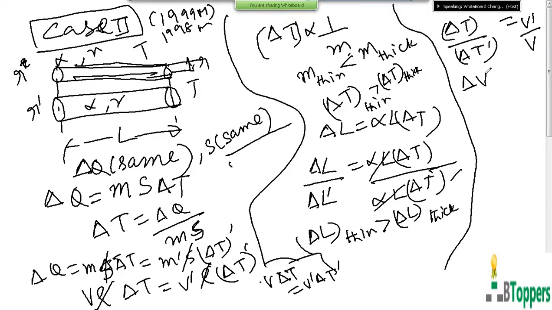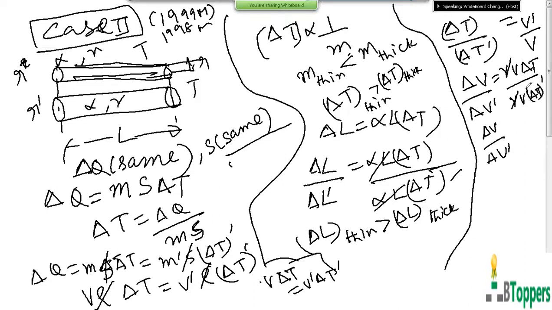Now the increase in volume delta V for the first rod can be written as gamma into the original volume of the first rod into the increase in temperature. The increase in volume delta V dash for the second rod you can write as gamma into the original volume of the second rod into the rise in temperature for the second rod. Both the rods are made up of the same metal, therefore gamma is the same.